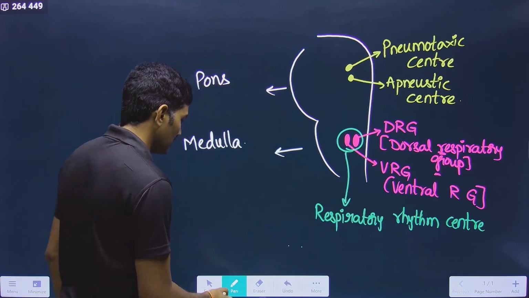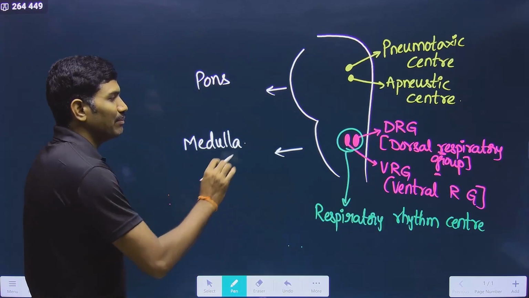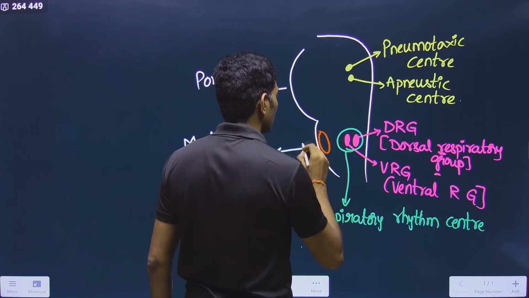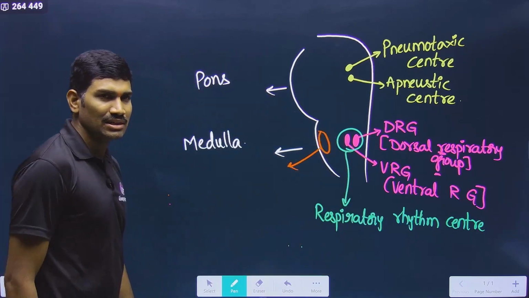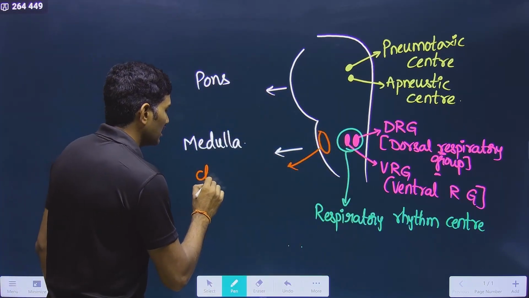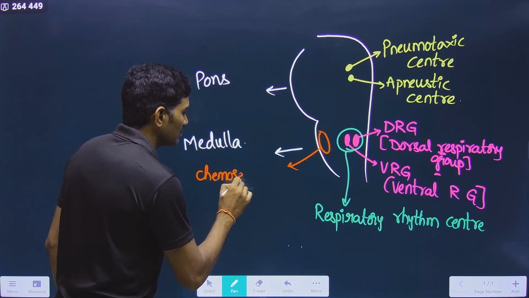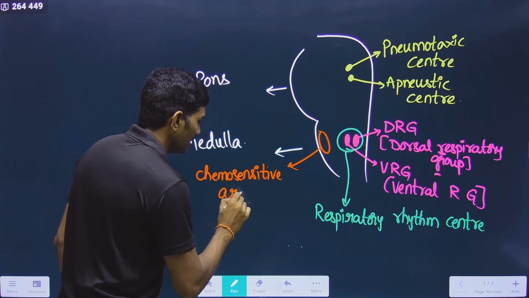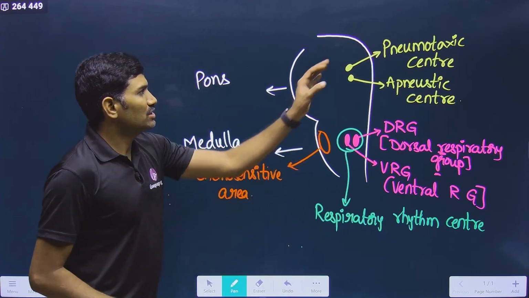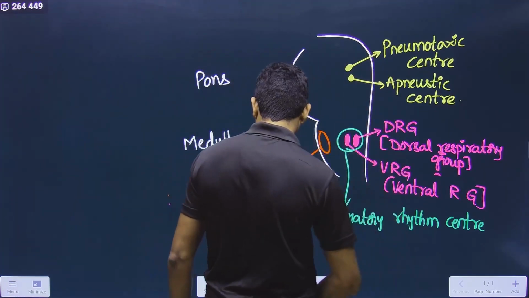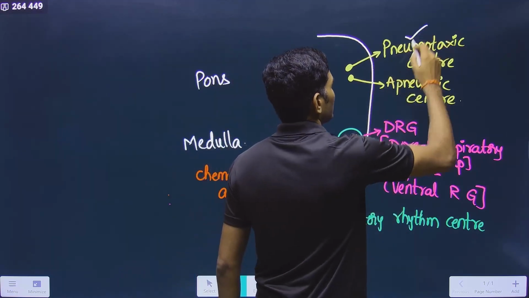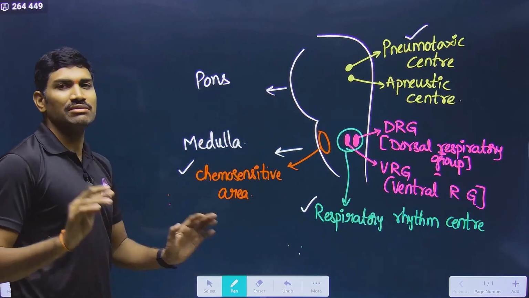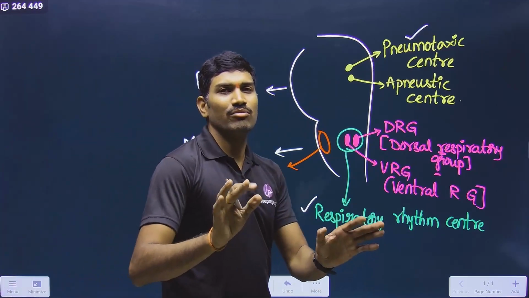Apart from this, there is another center they have mentioned, called the chemosensitive area. So in the NCERT they give the pneumotaxic center, the respiratory rhythm center and the chemosensitive area. These are the three names they have mentioned.